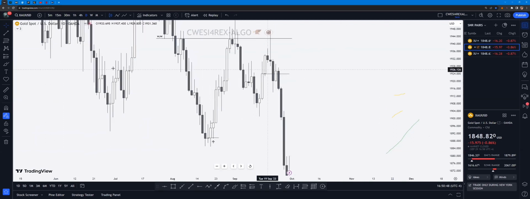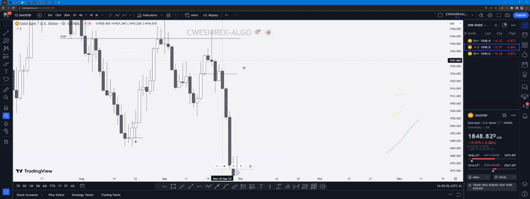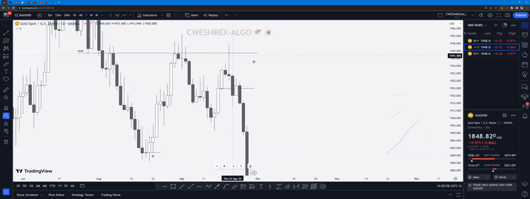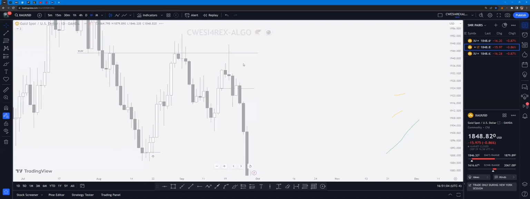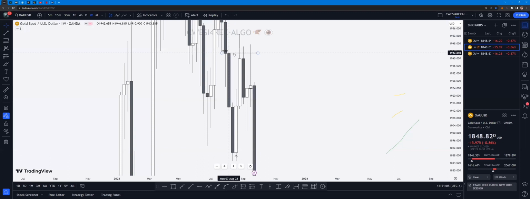Let me quickly break this down, then I'll read your comment and explain that one too. What I'm saying is, on the weekly time frame we have weekly rejecting weekly, which is this one over here. So with weekly rejecting this weekly, we need a daily breakout.